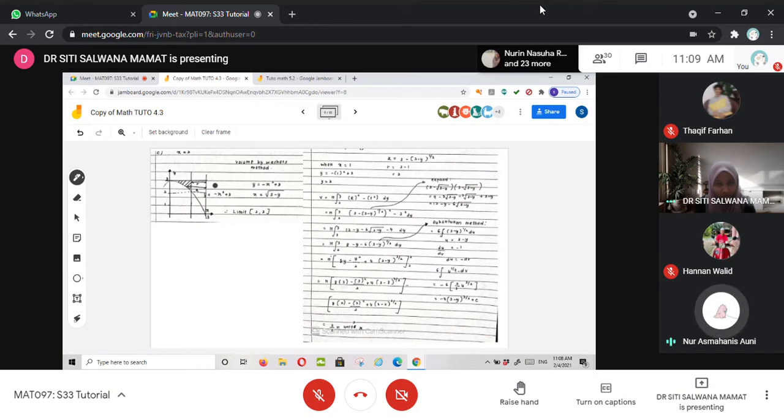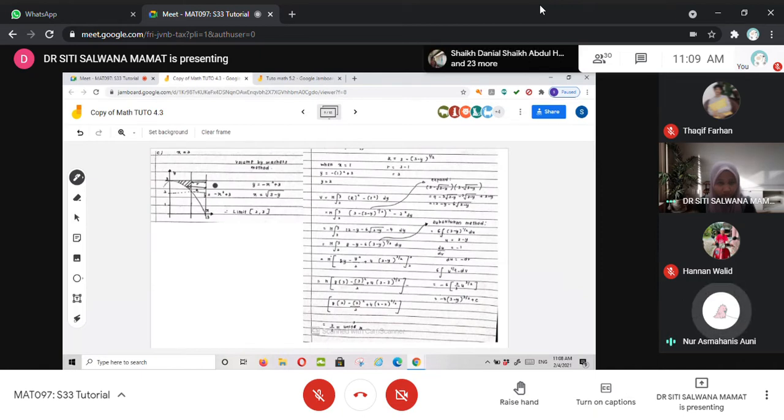So kalau washer method, outer radius minus inner radius, so outer radius right to left, so right 3 minus equation of the curve ni in terms of y, so 3 minus (3 minus y) power of 1 over 2, and inner radius 3 minus 1 is equal to 2.